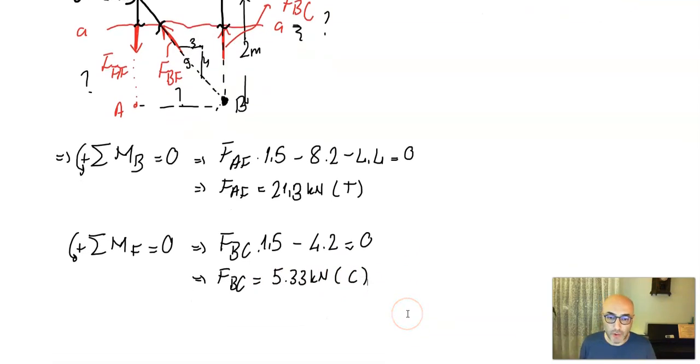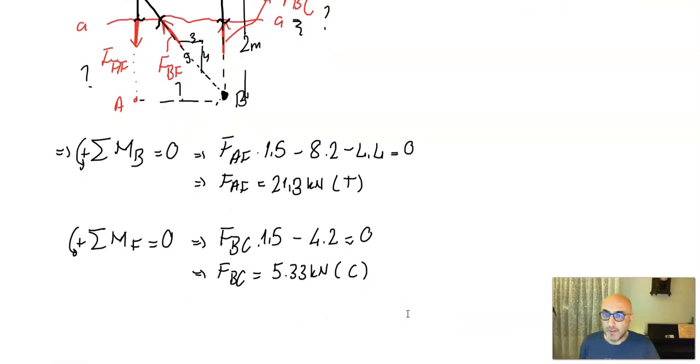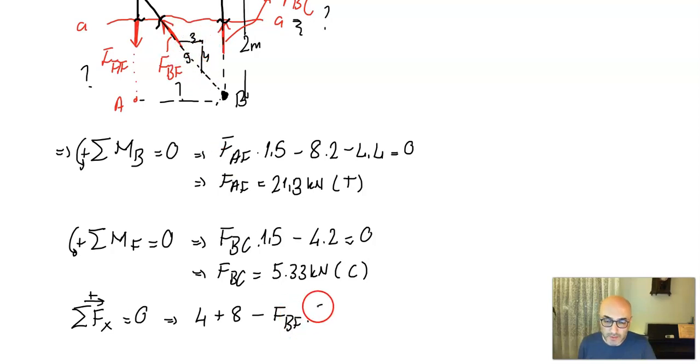As for FBF, this diagonal force, I can write the sum of the forces in the x direction is equal to 0. In this case, I'll have 4 kilonewton plus 8 kilonewton minus the x component of that force, FBF times 3/5. That's the horizontal component.